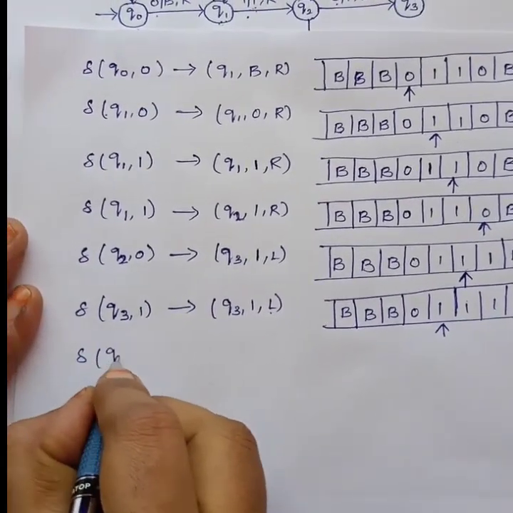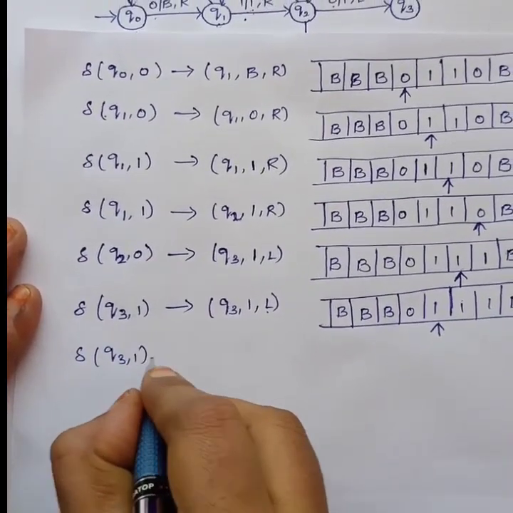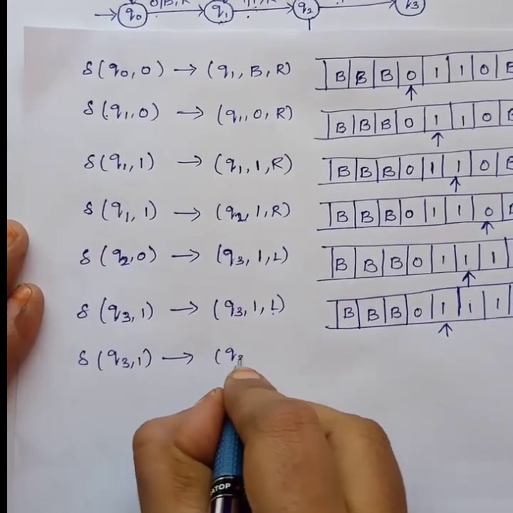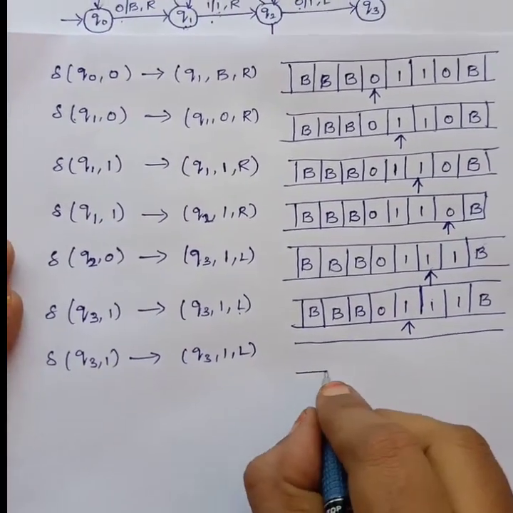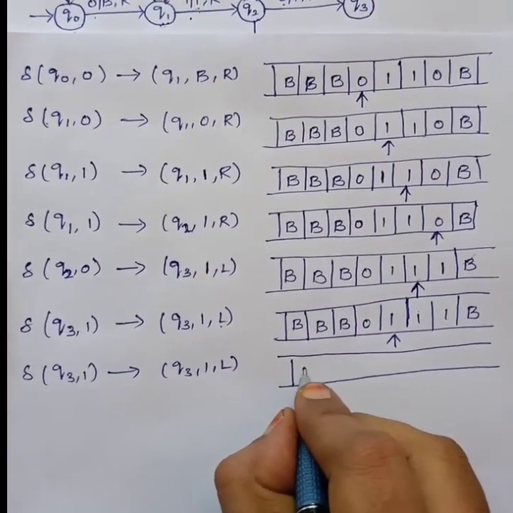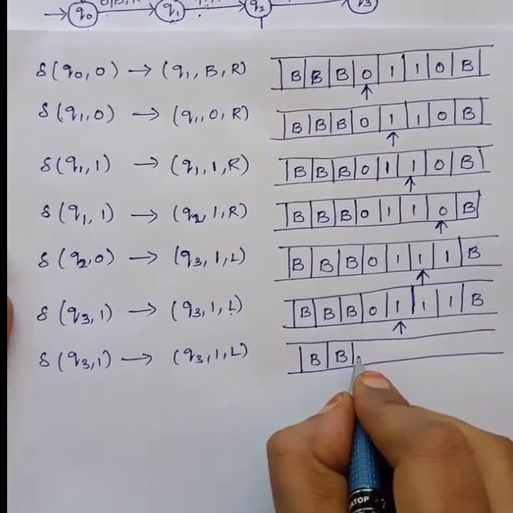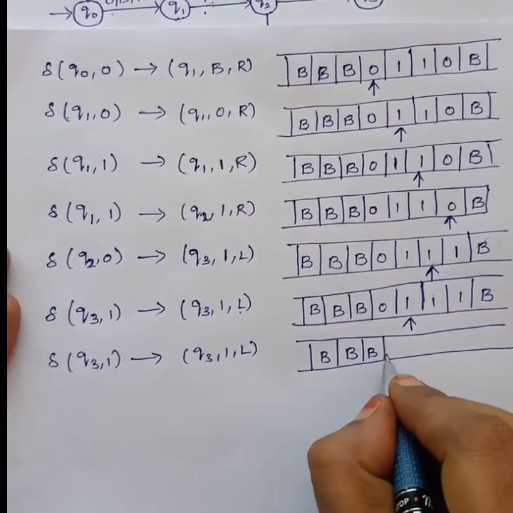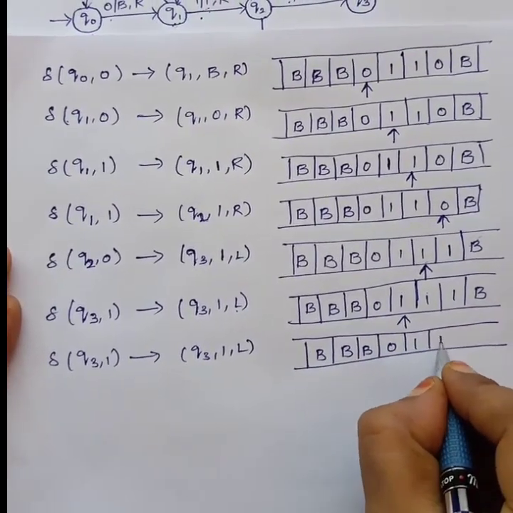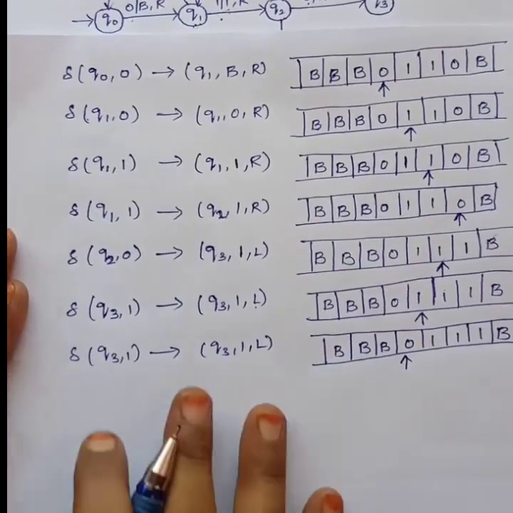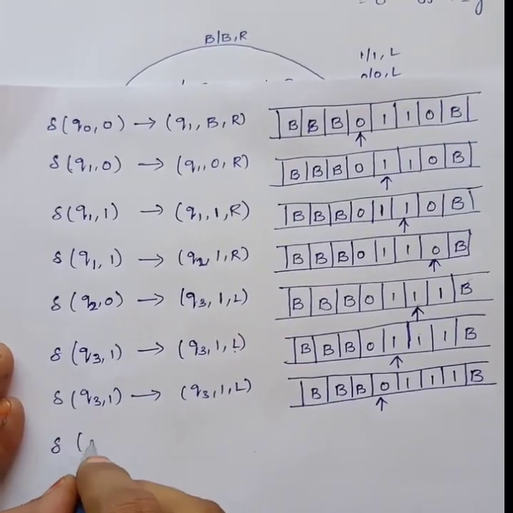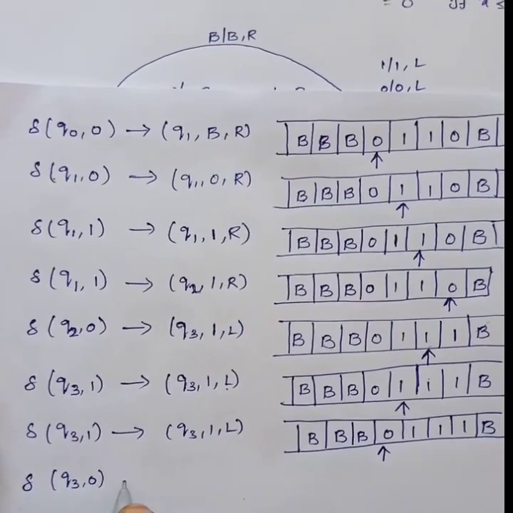From here I am moving to left. Now I am in Q3 state itself. Again I am getting 1, the same transition as it is I am writing entire thing. So tape is changed one step left. Same tape, one step left, which means the read write head indicates 0. Now in Q3 state I am getting 0.